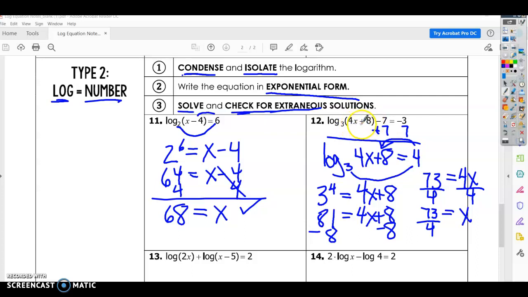What I would do is just take my calculator. If you have a TI-84 and it's the updated version, you have several logarithm buttons on your calculator.